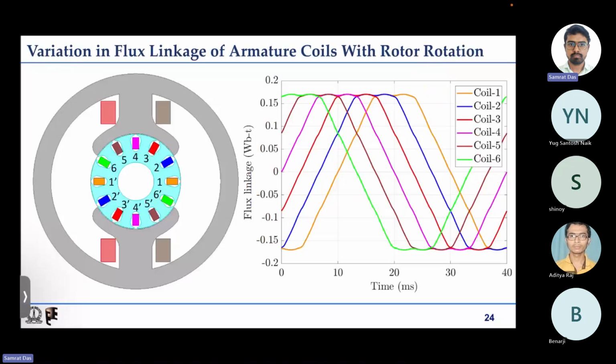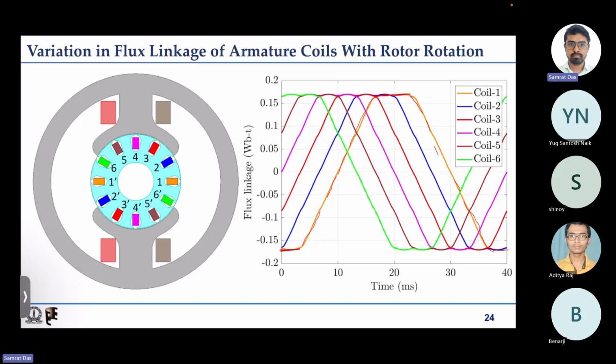They are constant for some time, then they increase linearly, then they remain constant for some time, again they reduce linearly, and again they remain constant. This is how the flux linkage of all individual armature coils vary with time.